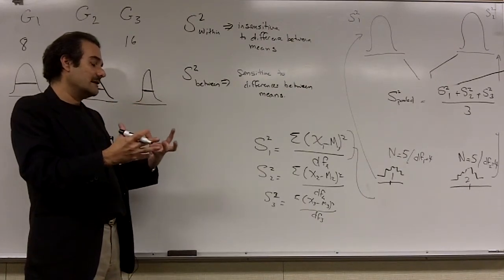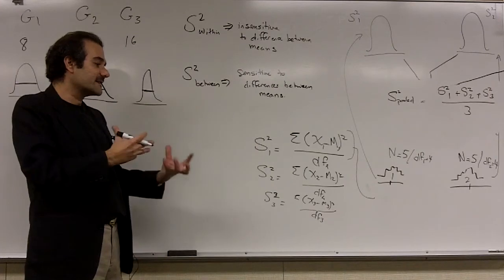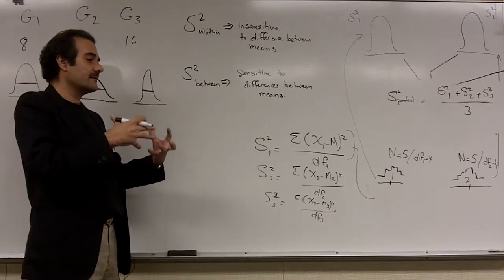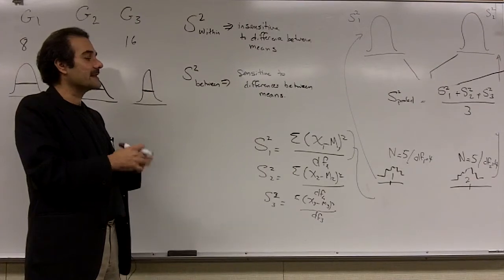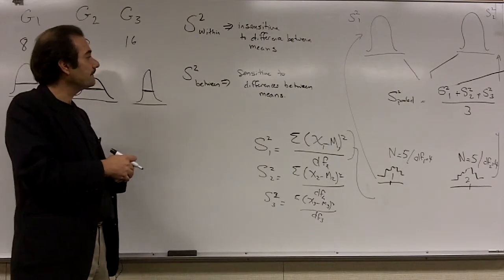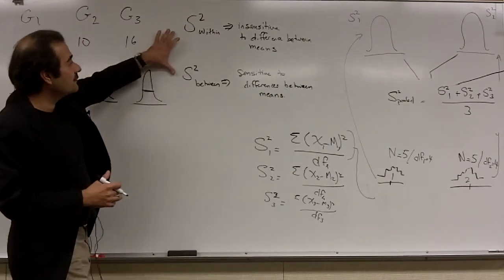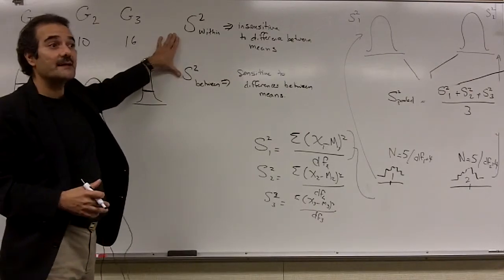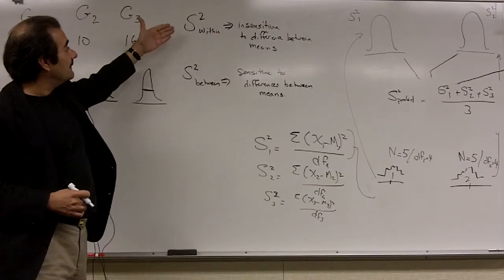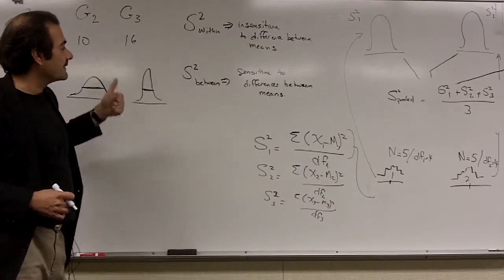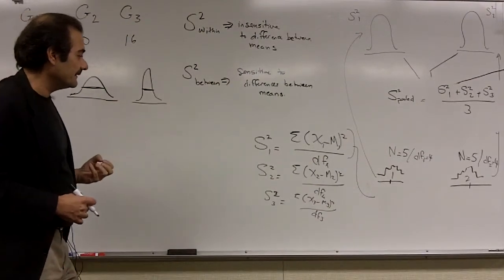So it's actually taking into account the differences between means plus the natural variance within each of these samples. Okay, so he came up with these two different ways of calculating variance. One of them is insensitive, and one of them is sensitive to differences between means.